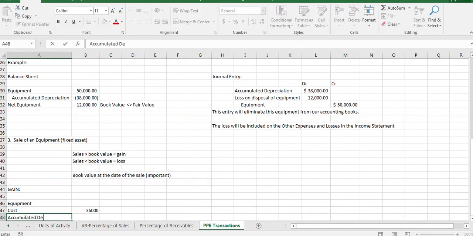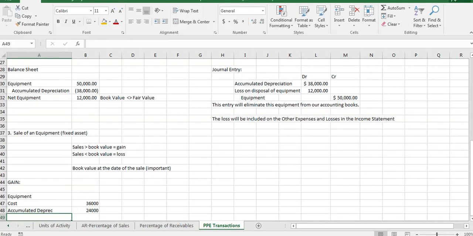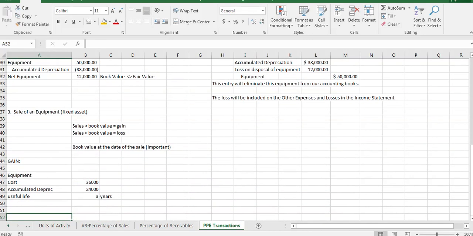So we have a useful life, let's say, of 3 years. Just to make our calculation very simple, this is for illustration purposes, and on March 1st of 2018 we will sell it.